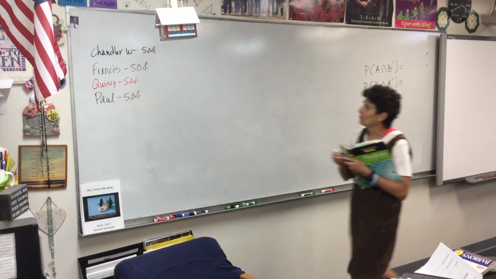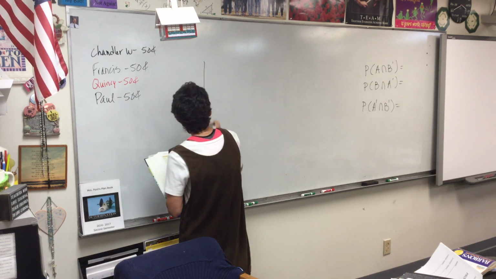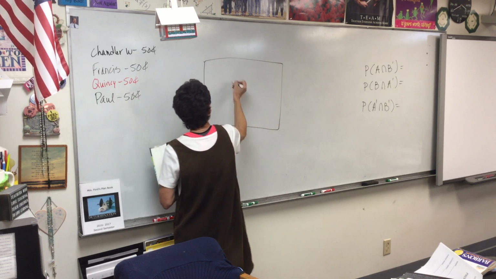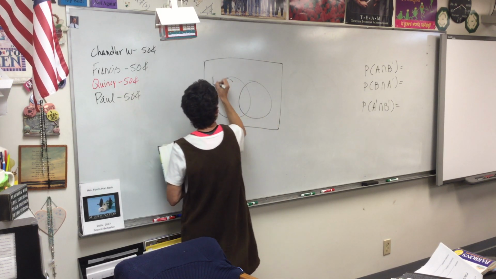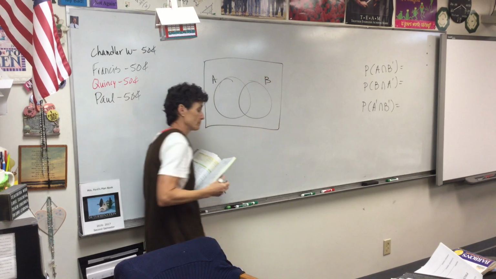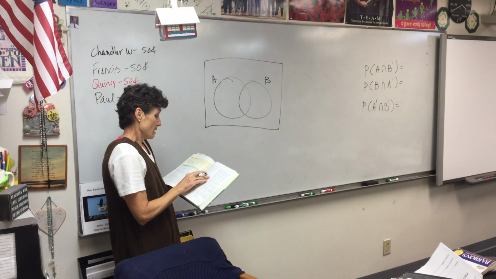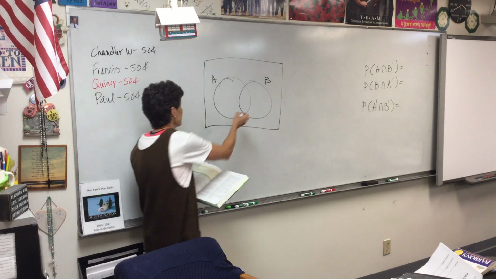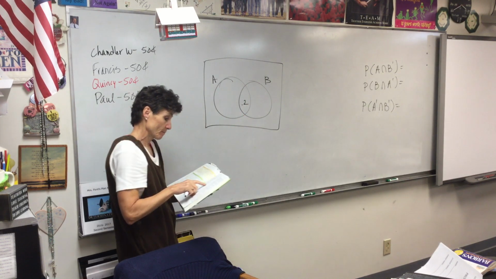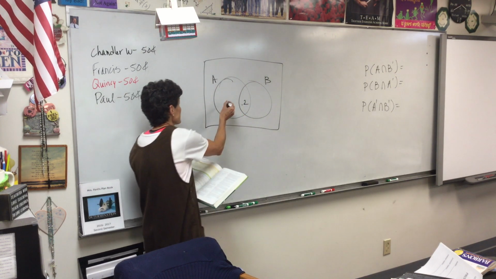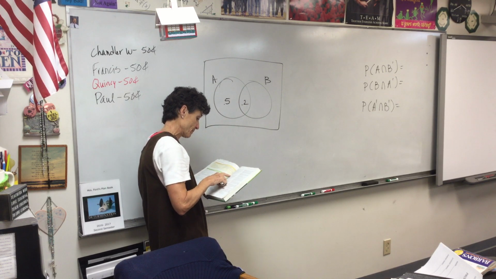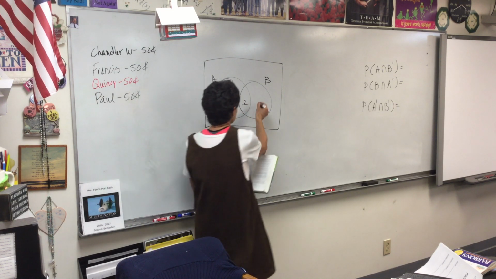All right, so here we go. Your Venn diagram has an A ball and a B ball. The probability of A and B is 0.2, which means that this was a 0.5 and this was a 0.2.